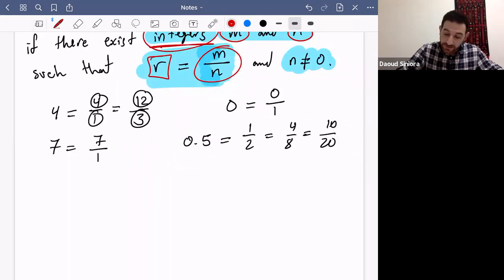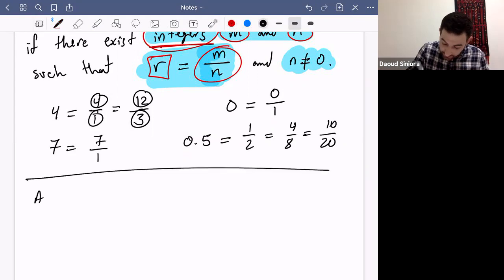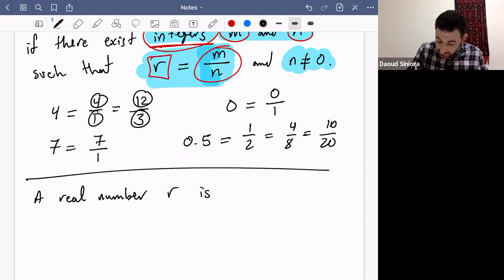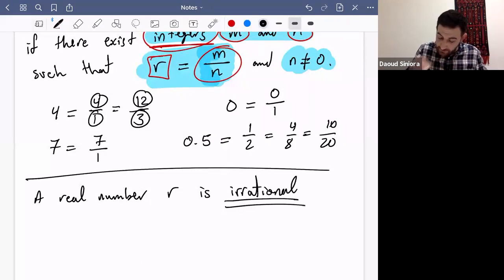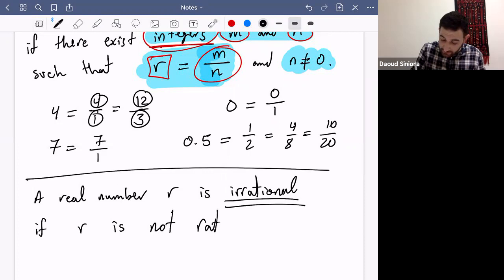Okay, now what does it mean for a real number to be not rational? This is called irrational. So a real number R is called irrational if R is not rational. So what does it mean to be not rational?